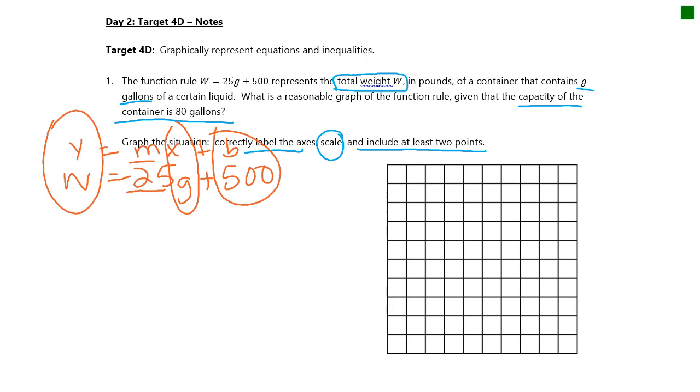All you have to do is label the y and label the x. What is represented by y is W. What does W mean? The total weight. That is going to be my y. X is represented by G. G means the gallon.